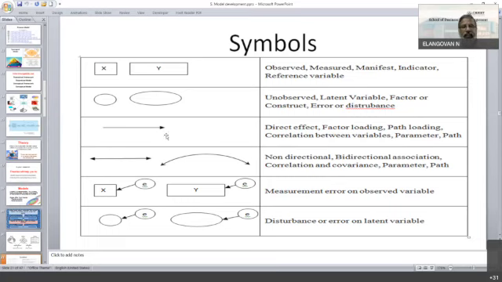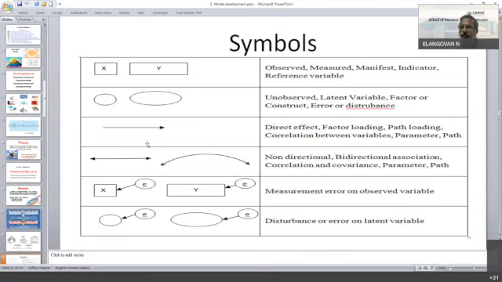Then coming to the arrow, a single-headed arrow indicates the direction of the relationship, or the kind of impact.